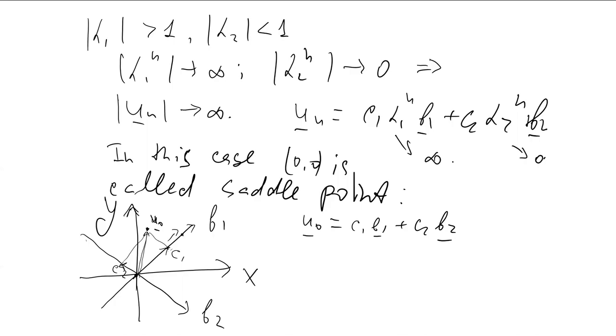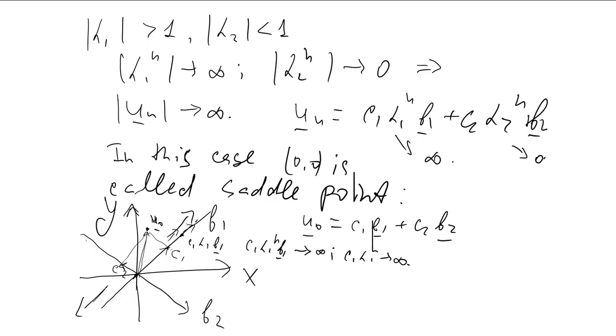So here we will have c1 lambda 1 b1, and further on, c1 lambda 1 to the power of n b1 will tend to infinity. And this means that we will have motion along this vector, this way or this way.